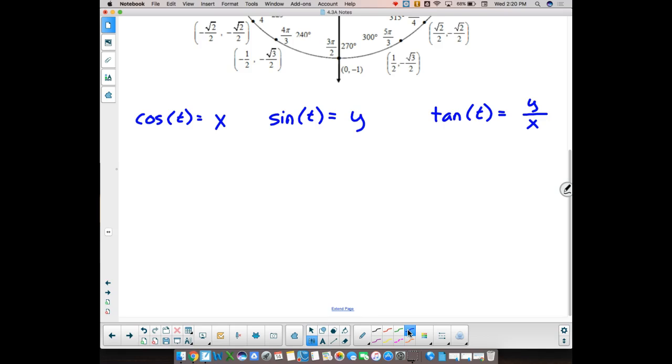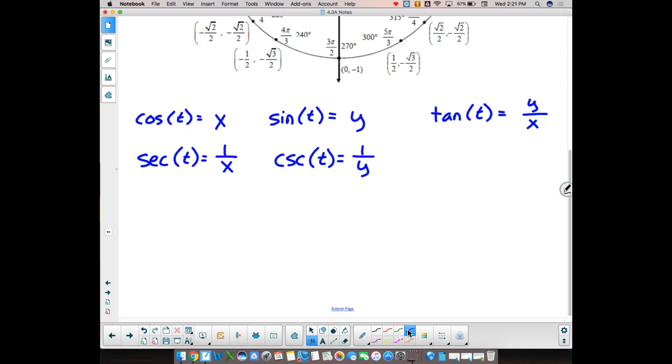Then on top of those 3, it's going to ask you for their inverse pairs. So what is the inverse pair that goes with cosine? Secant. What's the inverse pair that goes with sine? Cosecant. Hopefully that wasn't a cosine that you said over there, Mark.